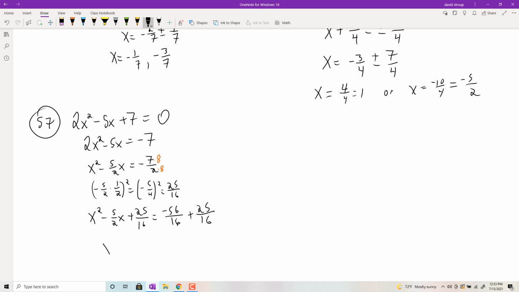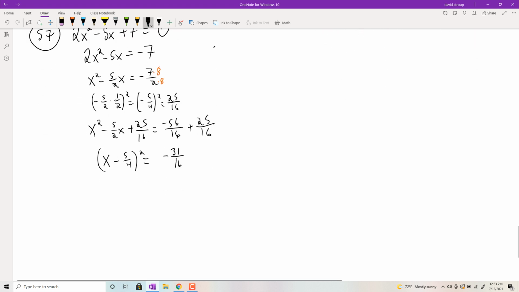Then factor, so x minus 5/4 squared is, looks like, -31/16. Then square root property, so x minus 5/4 is plus or minus square root of 31/16 i.